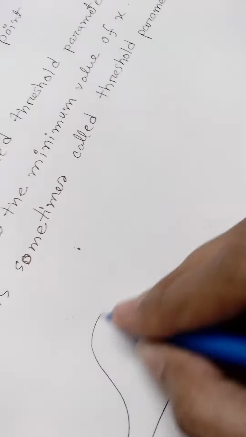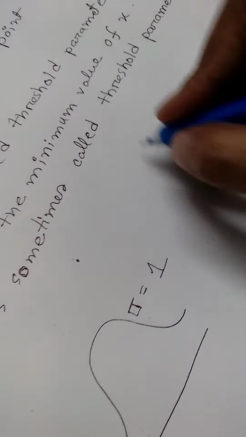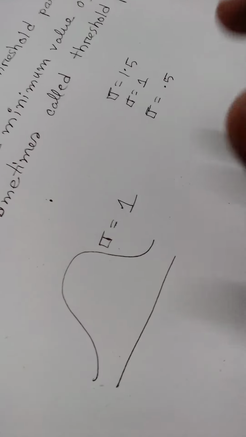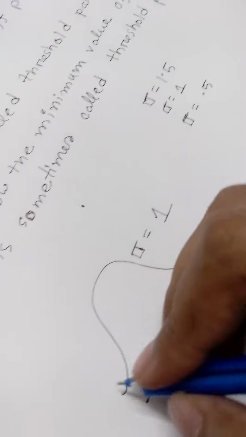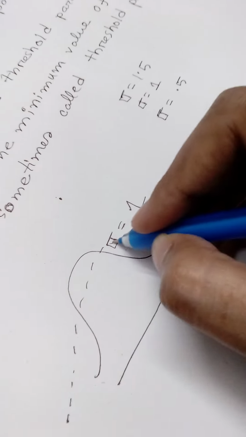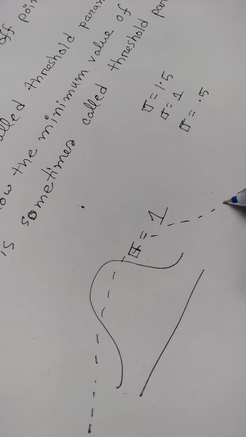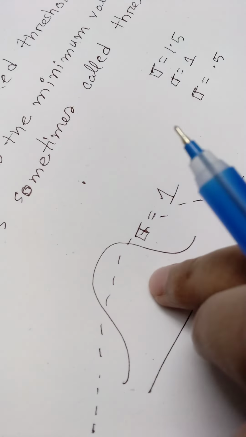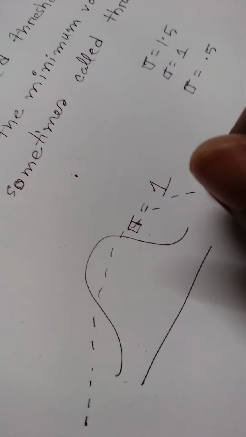We will say something about this. Assume that the value for this distribution is sigma equal to 1, and we have some situations with sigma equal to 1.5, sigma equal to 1, or sigma equal to 0.5. When we have a large variance, the PDF will be stretched, but the whole area will be 1.